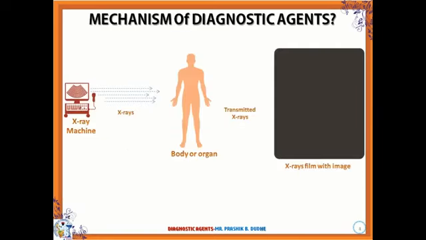Now, let us understand how these agents are used. The X-ray machine emits the radiation which is bombarded on the body or specific organ or tissue, where it gets absorbed, and the remaining transmitted rays go to the X-ray film, and the image is developed from the rays which are transmitted minus the absorbed rays.